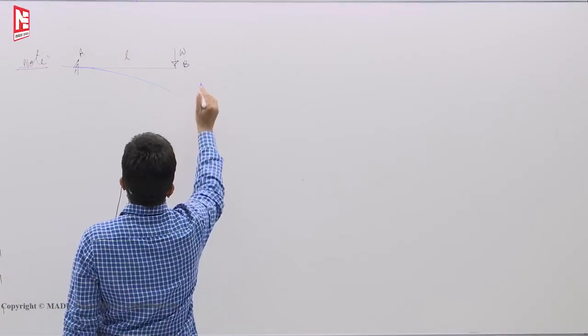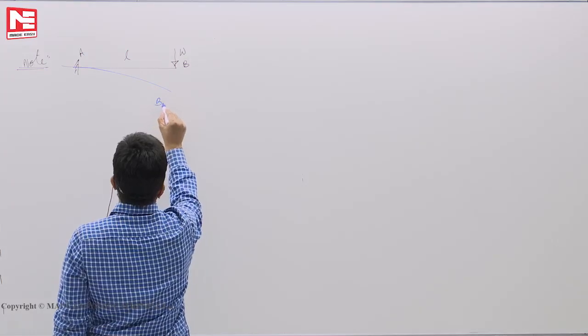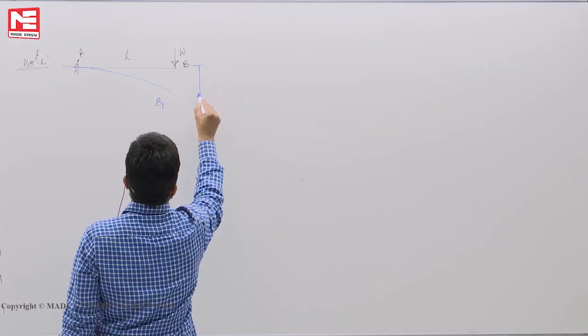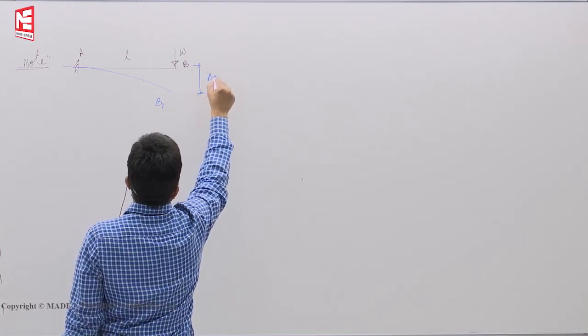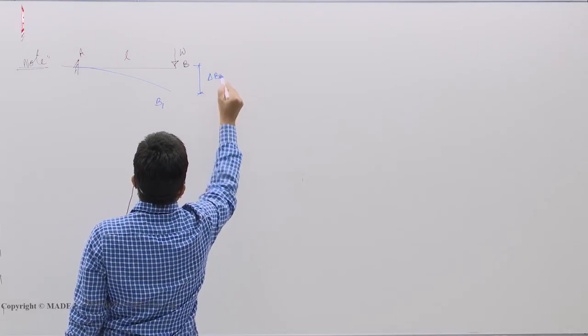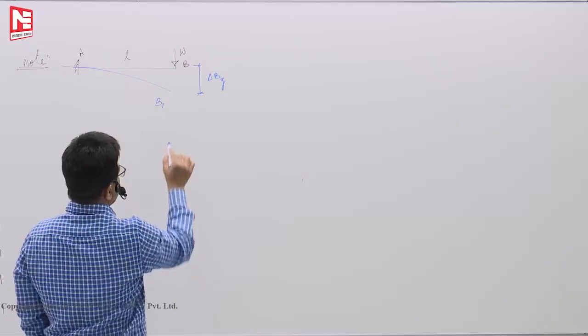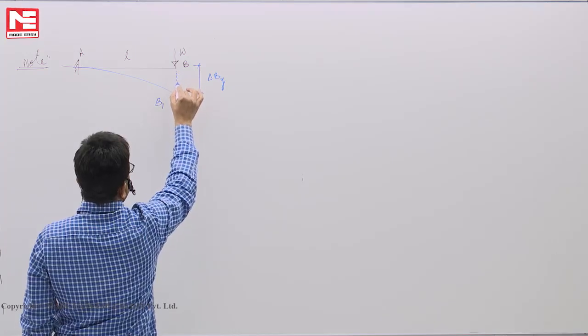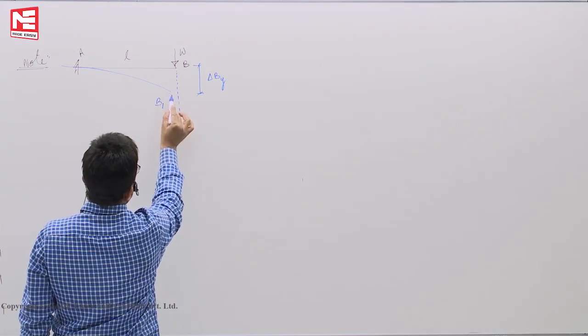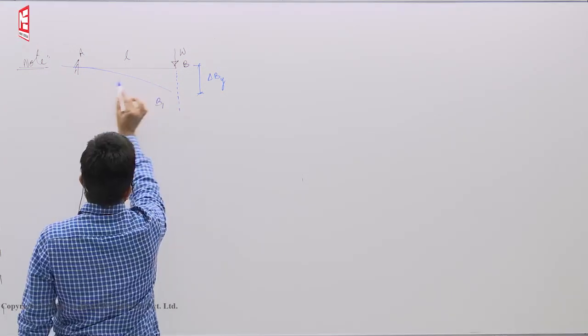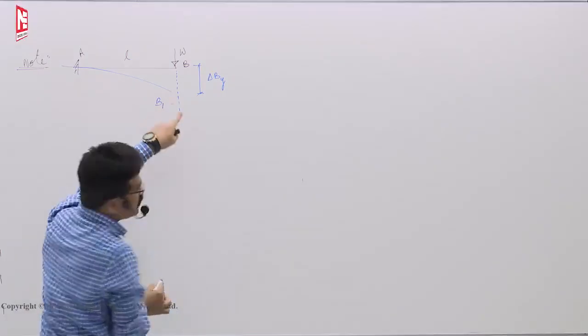Actually what happens in this case, B will come to say B1. This you have taken as delta By. Axial force is not there, let us say. You see, it went slightly inside. The length is the same, black color length and blue color length are the same, but it is a curve.